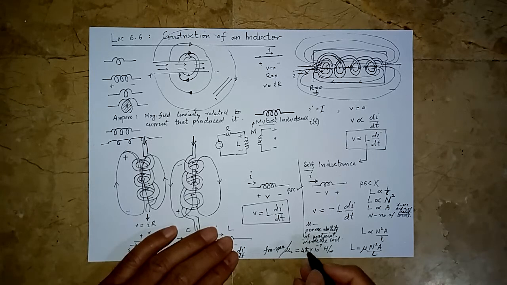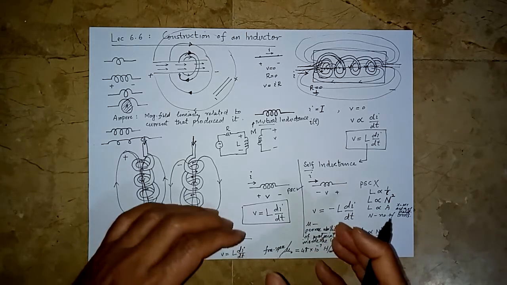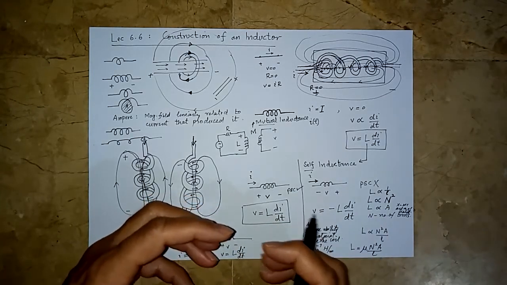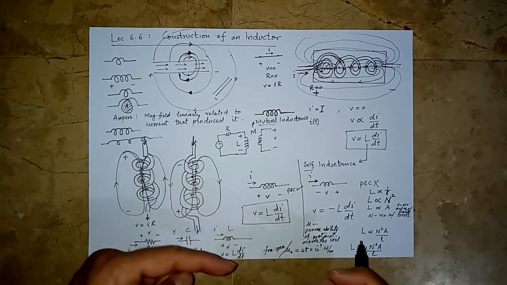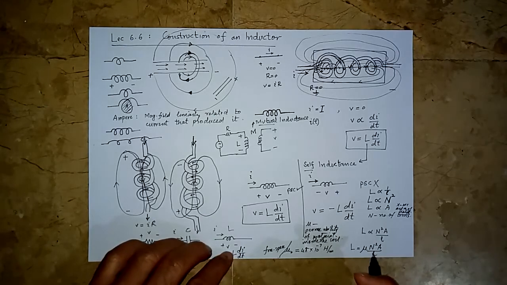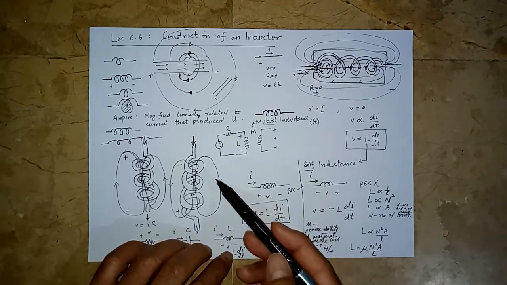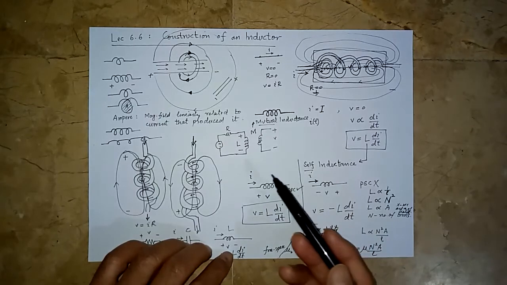So when we want to squeeze the size of an inductor to a smaller volume, we use materials whose permeability is much larger than the permeability of free space. And in real life, you can come across inductors in several shapes.